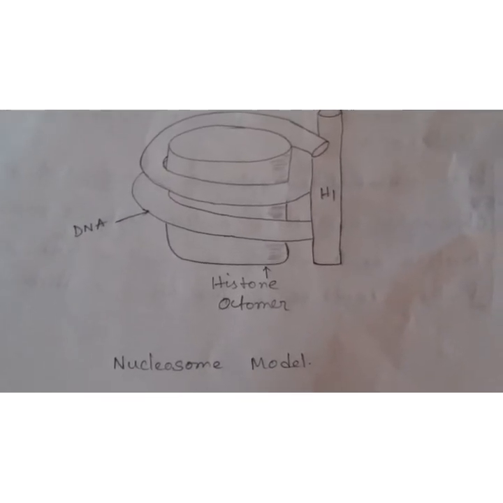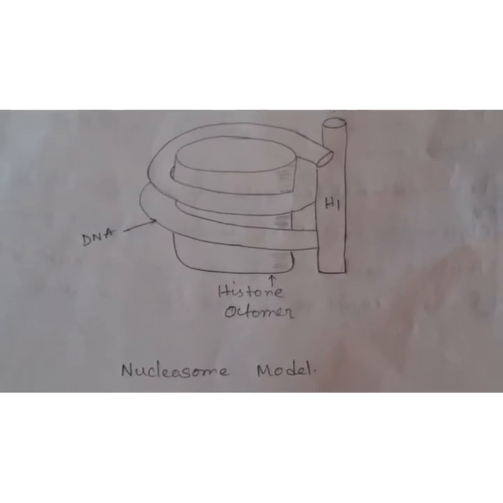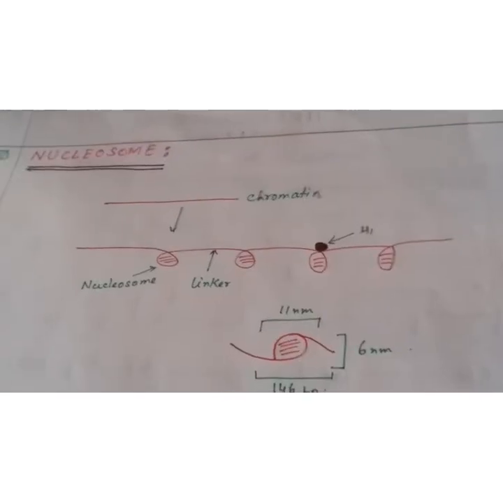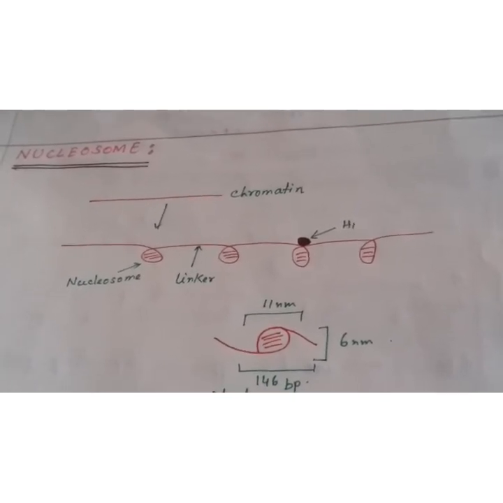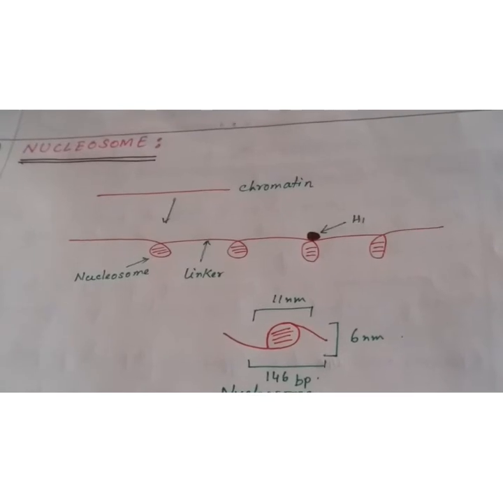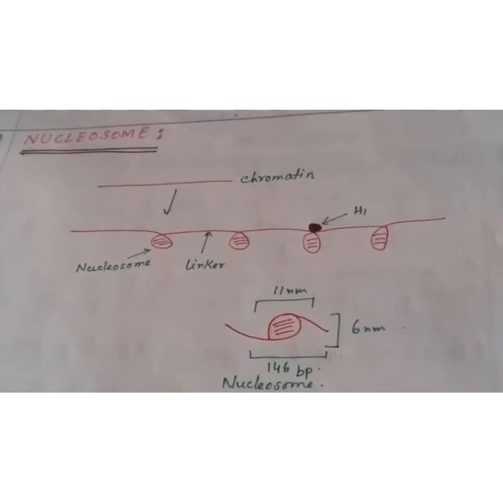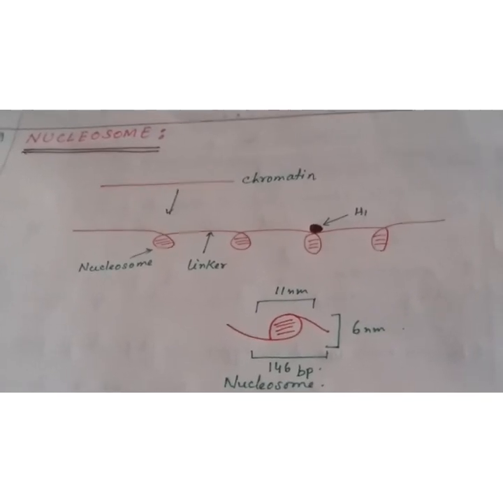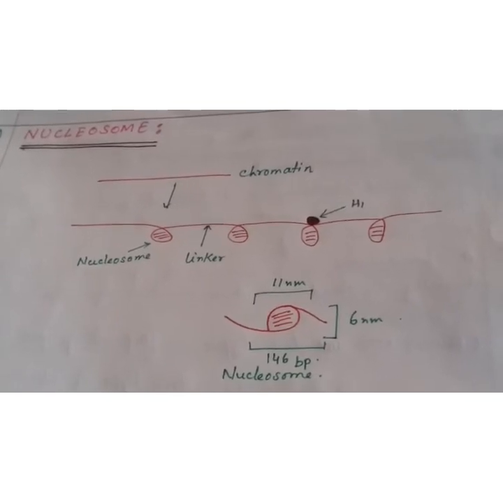It stabilizes the nucleosome. Two nucleosome particles are generally linked by a 54 nucleotide linker DNA. You can see it here as linker. The length of linker DNA may be up to 144 nucleotides, that means it varies from 54 nucleotides up to 144 nucleotides.